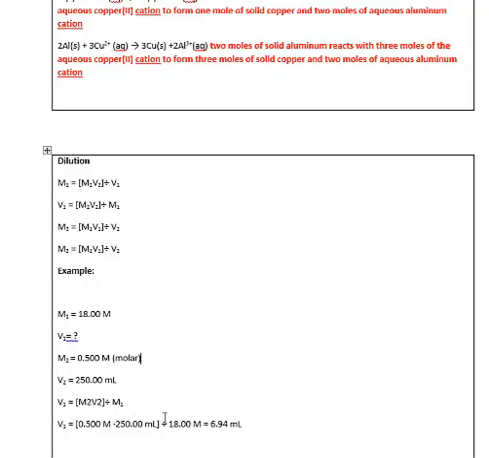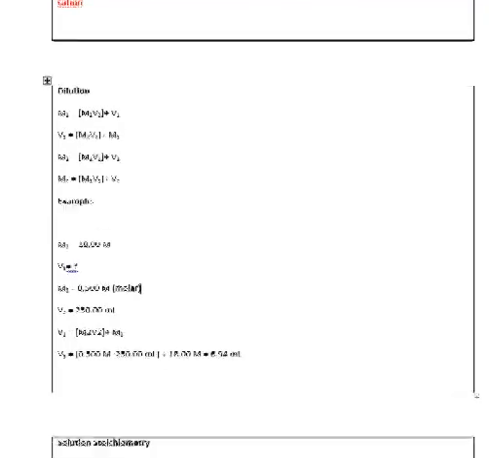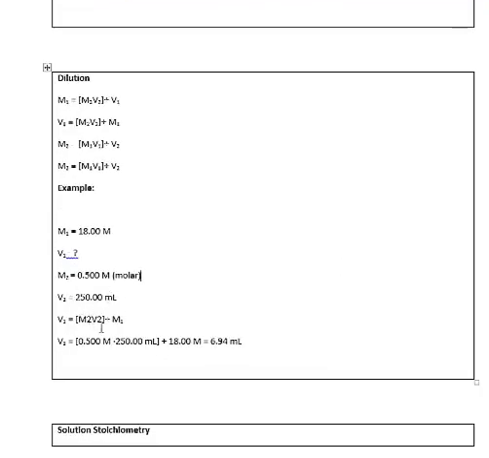I'm assuming that got converted as you were pasting this, but if they're not, these need to be subscripts. So V1 equals the product of M2V2 divided by M1. V1 equals 0.500 molar times 250 milliliters divided by 18.00 molar equals 6.94 milliliters.